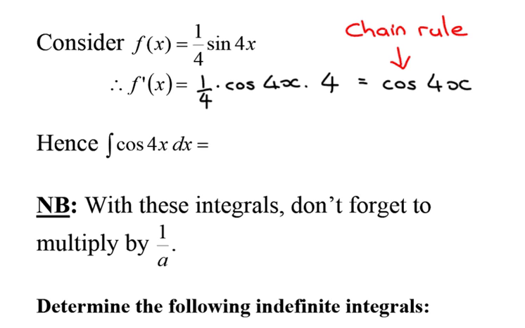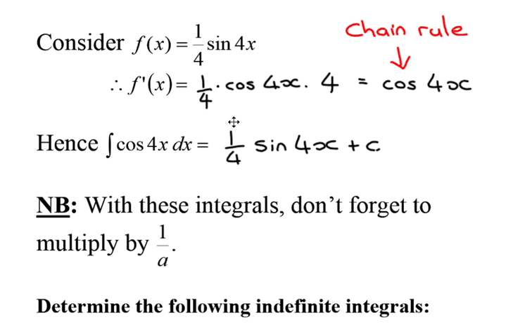Okay. So now obviously we're going to go the other way around. If I had to integrate that, how do I land up back at that? So if I want to integrate cos of 4x dx, I'm going to get a quarter sine 4x, and then plus my constant of integration.